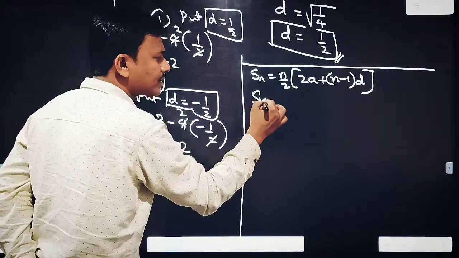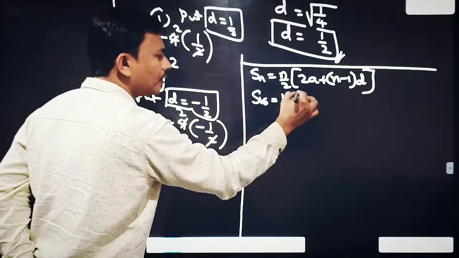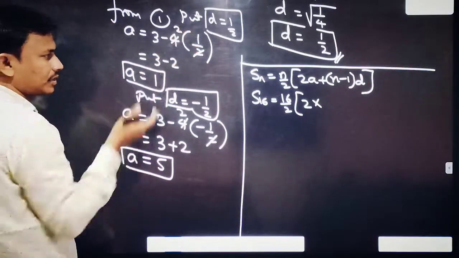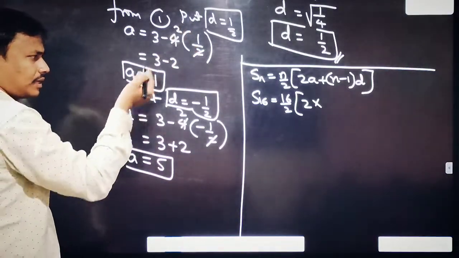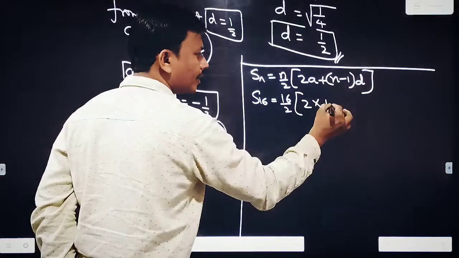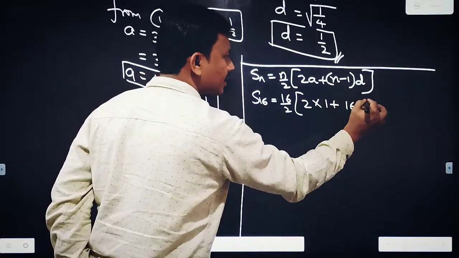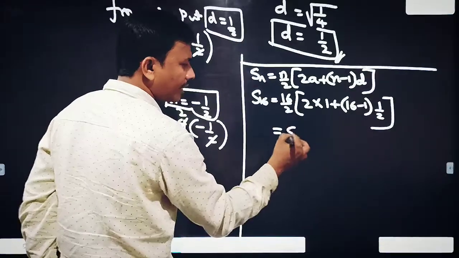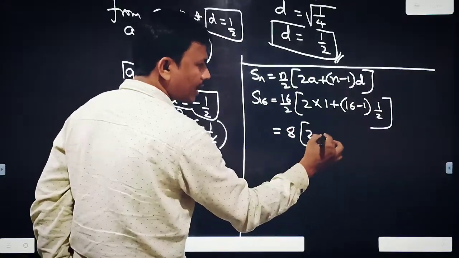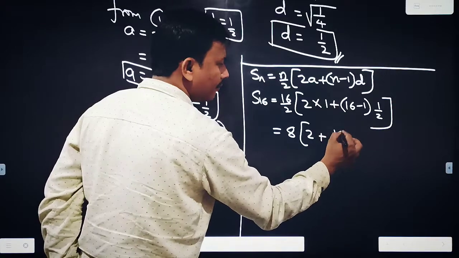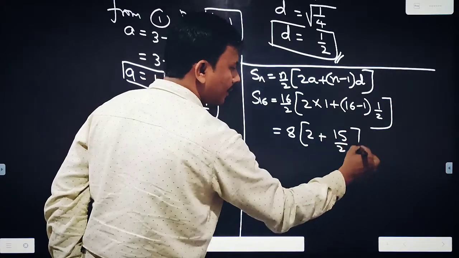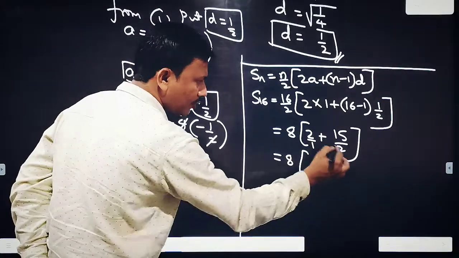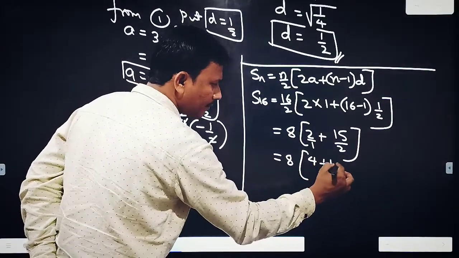Sn value is 16. 16 divided by 2, in bracket 2 into what is a value? First one a value is 1, plus 16 minus 1 divided by 2 into 1 by 2. This is equal to 8 in bracket 2 ones are 2, 16 minus 1, 15 ones are 15, divided by 2.